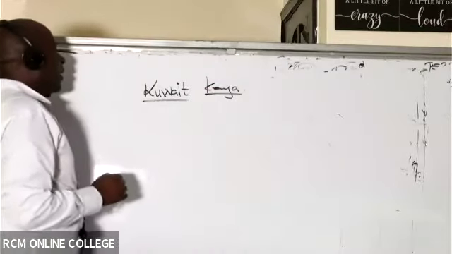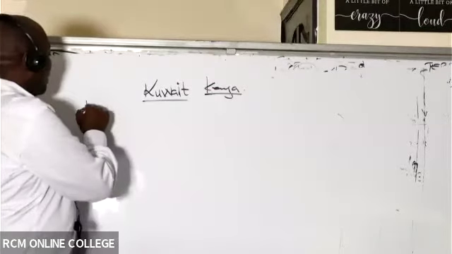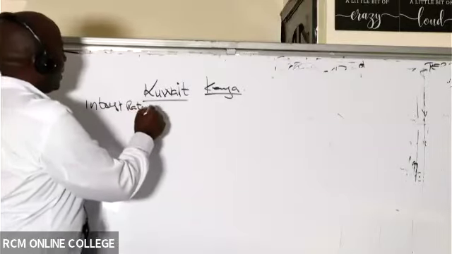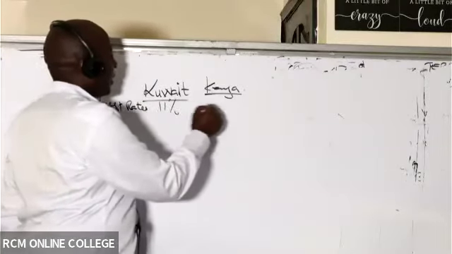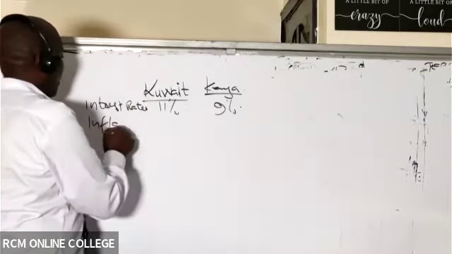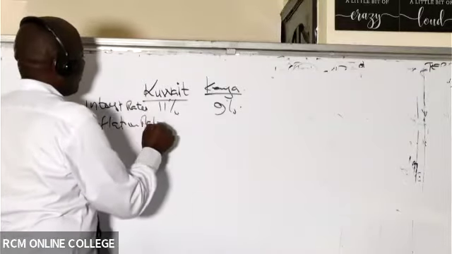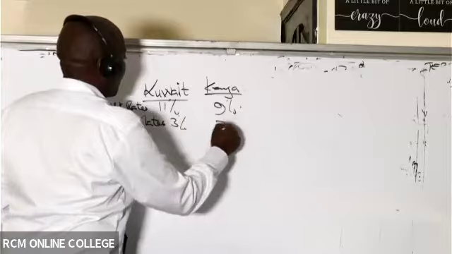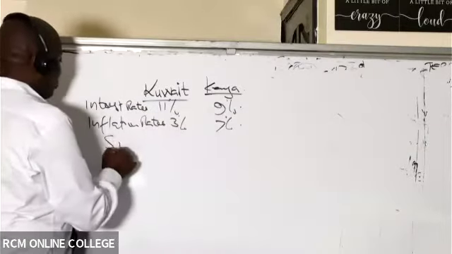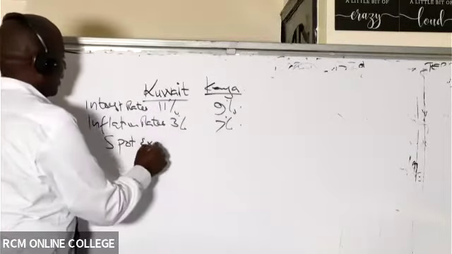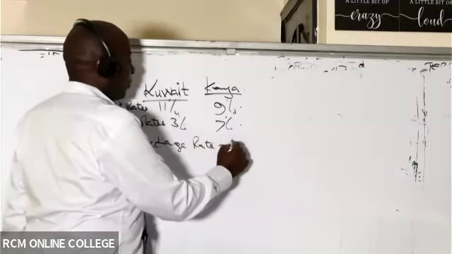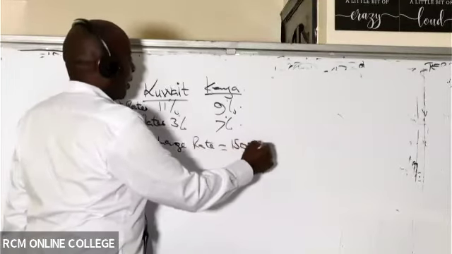And then they will give you interest rates, for example, 11%. This could be 9%. Then they'll give you inflation rates. This would be 3%. This can be 7%. And then they'll give you the spot exchange rate.